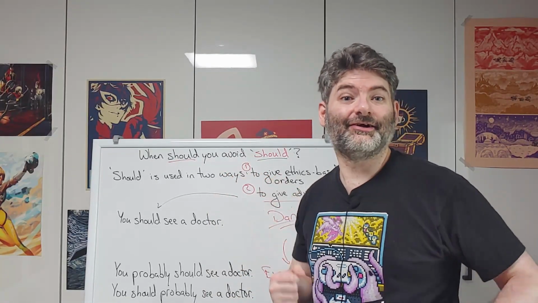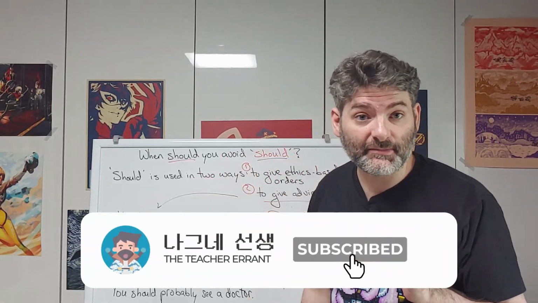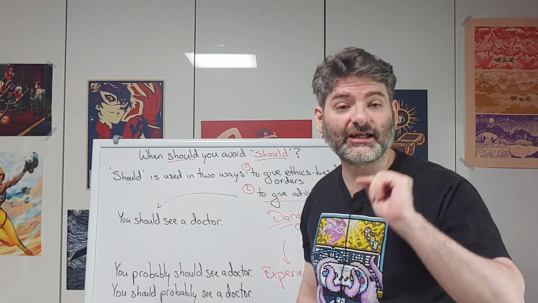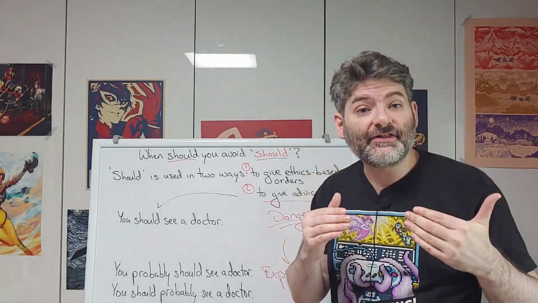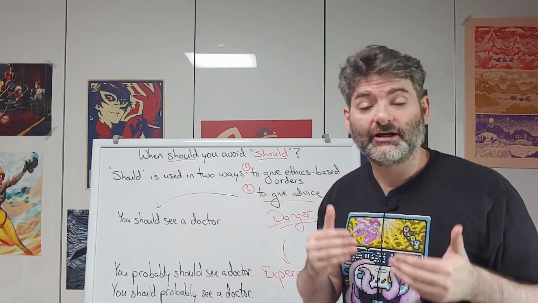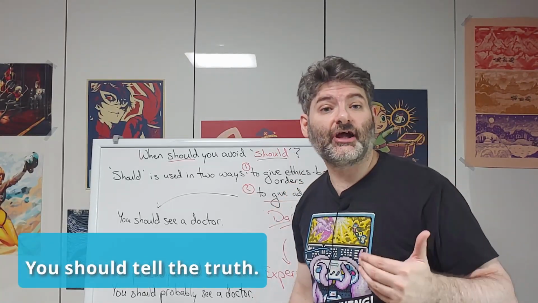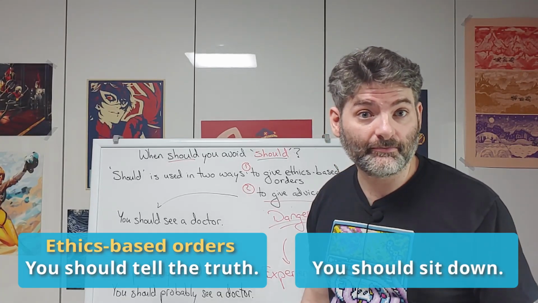Okay, welcome back. So, when should we avoid should? I think right in the beginning, we need to talk about the two ways that should gets used. The first way is actually to give ethically based orders. Now, notice there's a difference between saying you should tell the truth and you should sit down.